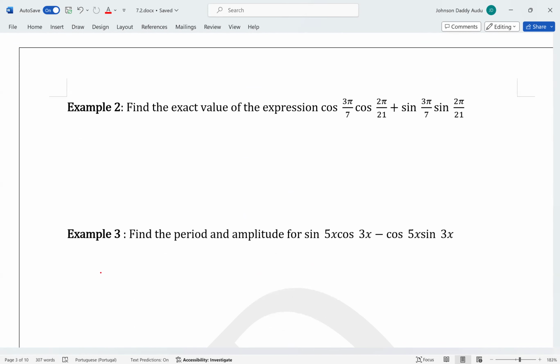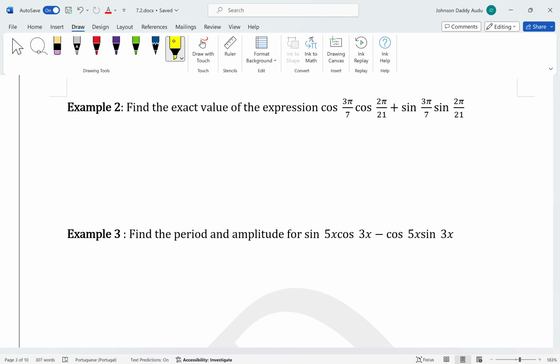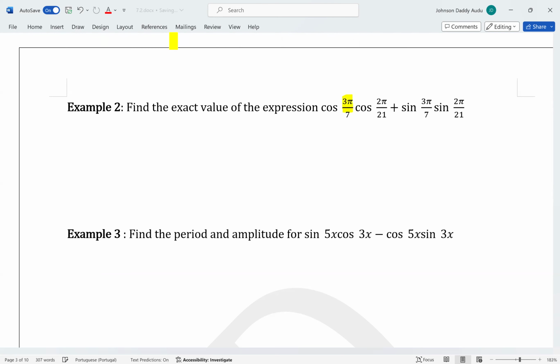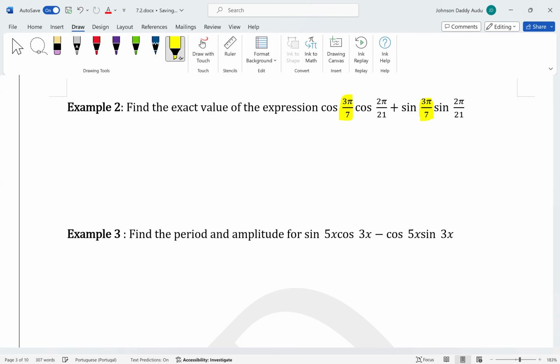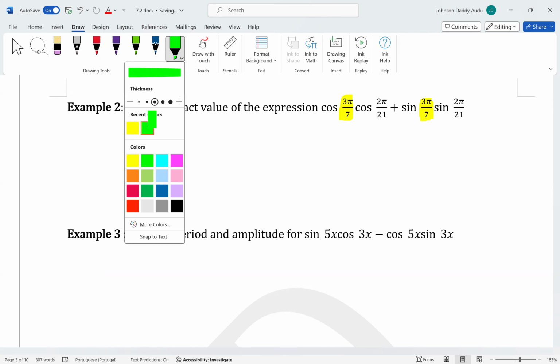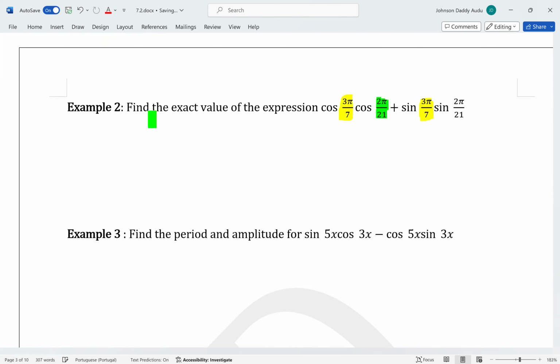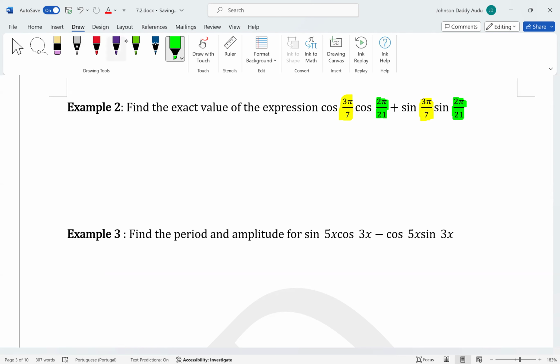The angle here, 3 pi over 7, is the same thing as 3 pi over 7, and 2 pi over 21 is the same thing as 2 pi over 21. So what does that mean? It means that we can write these as what?